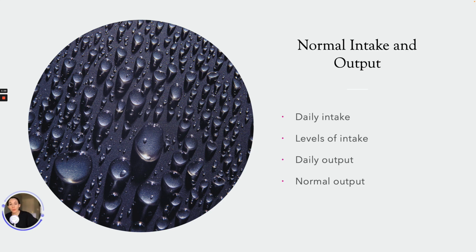The daily output should be approximately equal to intake, and normal output occurs as urine, breathing, perspiration, feces, and minimal amounts of vaginal secretions.